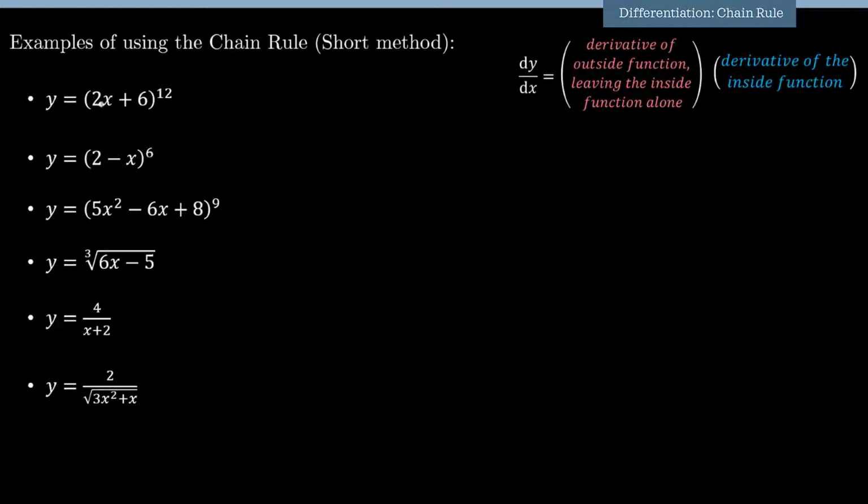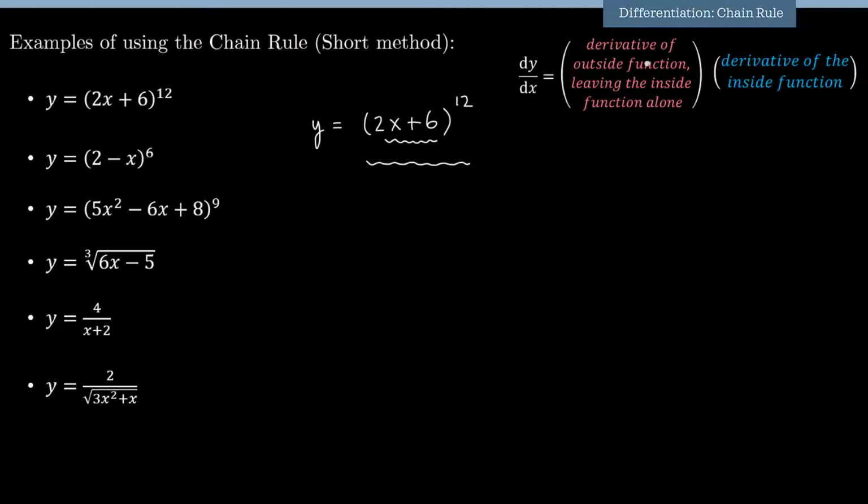Let's look at the first example. This first example is exactly the same as that of the previous video. The rest of the examples are changed. So in this first example, I have y is equal to (2x plus 6) whole raised to the power of 12. This is the inside function and this whole is the outside function.